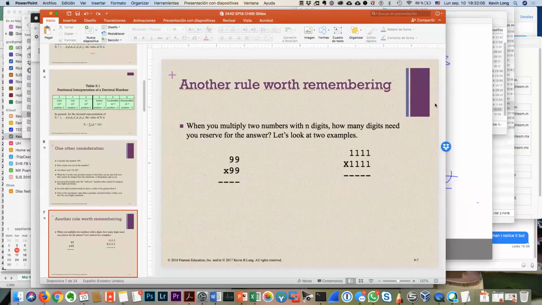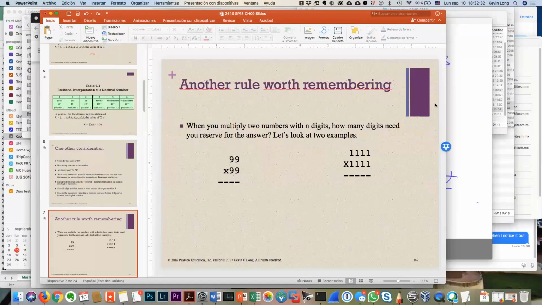How many digits do we need to calculate a number? 99 and 99 are the two largest two-digit decimal numbers you can have. How many spaces do I need to store the result? 2? At least 4. Why 4? Did you guess that because you did the math in your head, or do you see the rule?